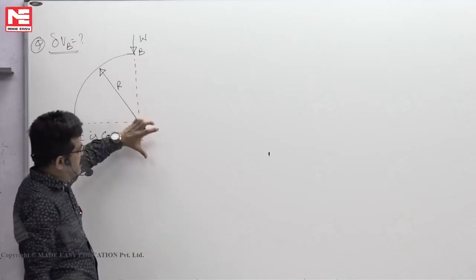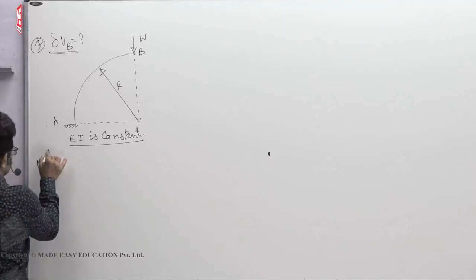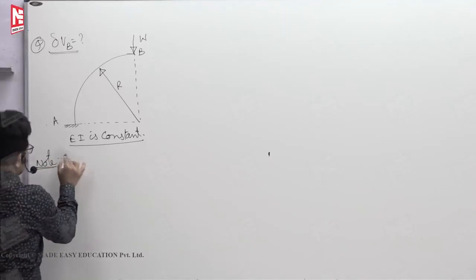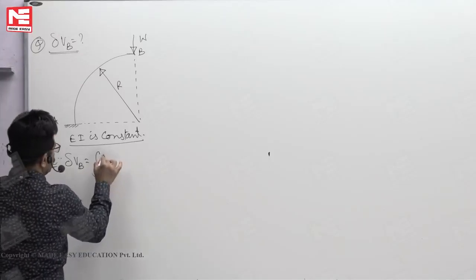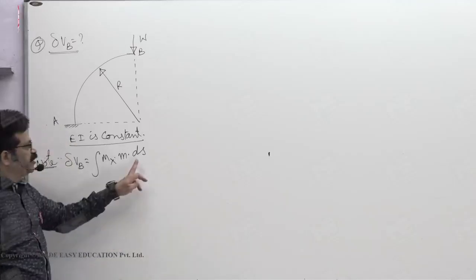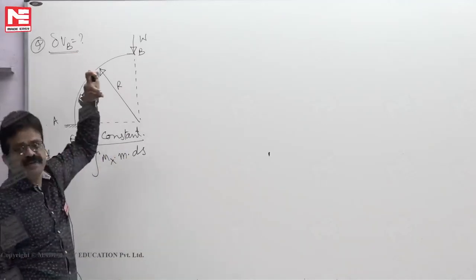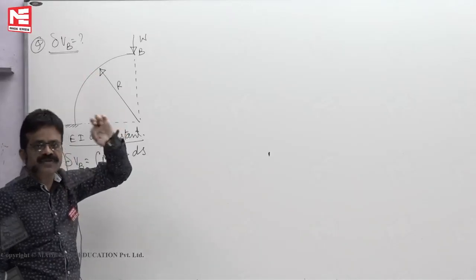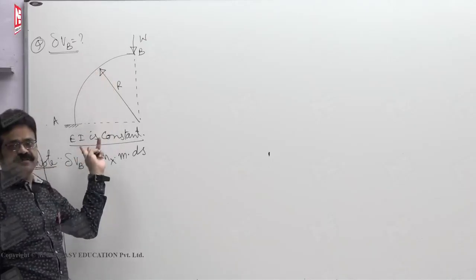Okay, first let us see what is the scope of the work. Delta, the vertical displacement of B, is equal to the integral of Mx into m. Now the elemental length cannot be dx because a straight member you should not take; a curved member you have to take, and you take the energy stored in that curved member and integrate between the limits.